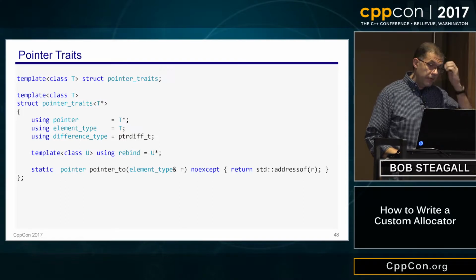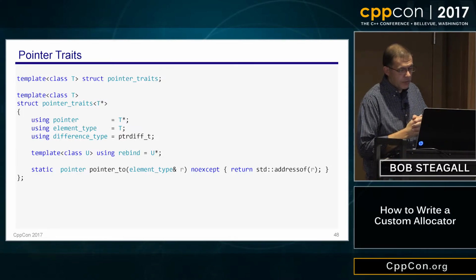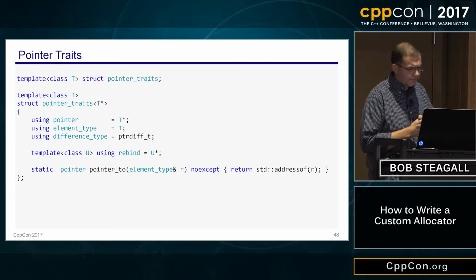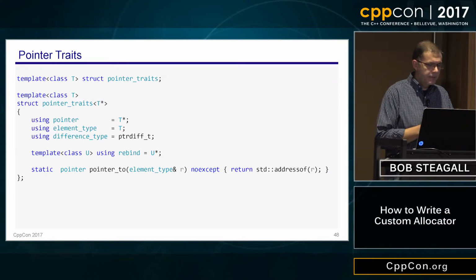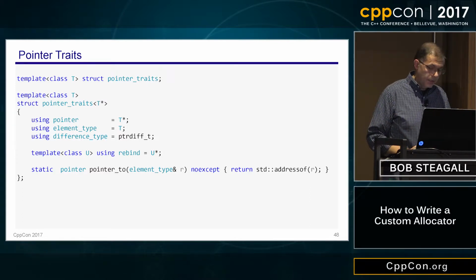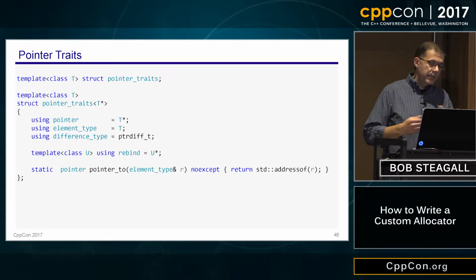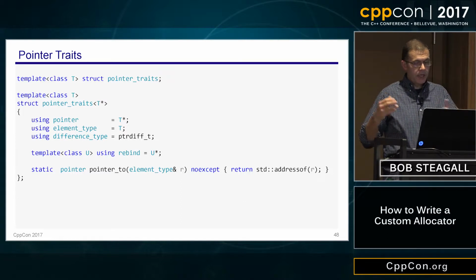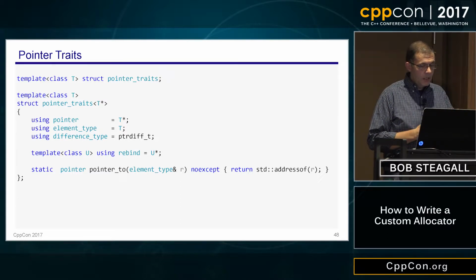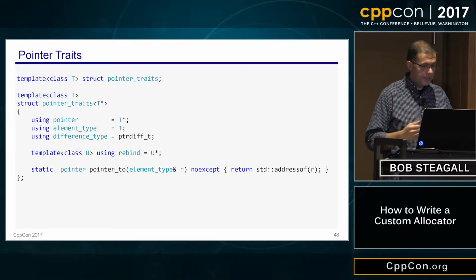So let's go back and look quickly at pointer traits. And this is a little bit of text which I've cribbed from the standard. These are relatively simple traits. There is a primary template which is undefined, at least in the standard. There is a partial specialization for T star. And so given this partial specialization, there's a type pointer which is T star. It's easy to get the element type, which is T. The default difference type for two T stars is ptrdiff_t.